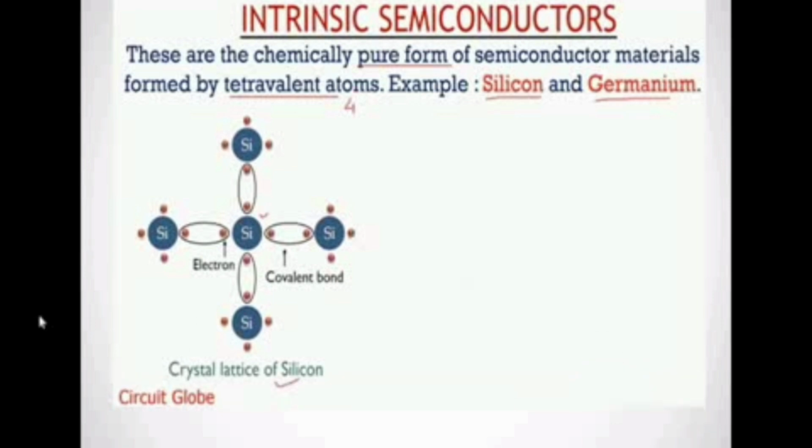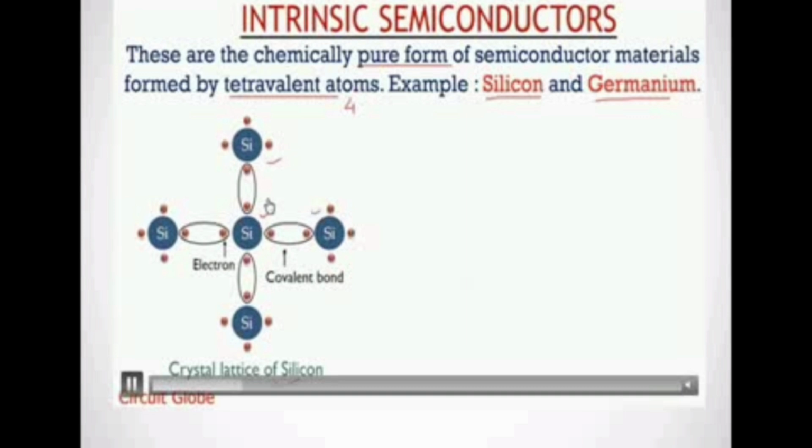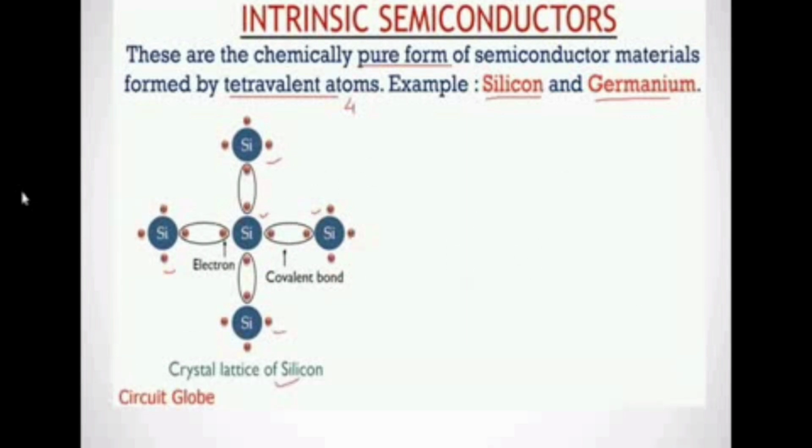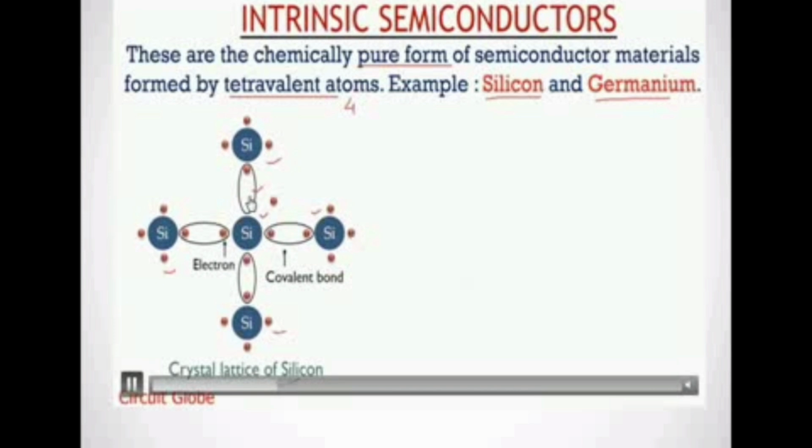Silicon has 4 electrons in the outermost orbital. Those 4 electrons are shared with other silicon atoms. So this is the bonding of silicon. Silicon or germanium, the two are the same. You can take silicon as the example. So in the tetravalent atom, see here the covalent bond is broken.